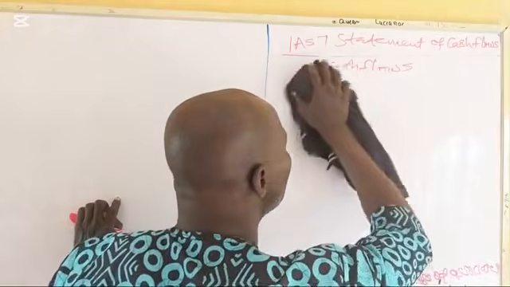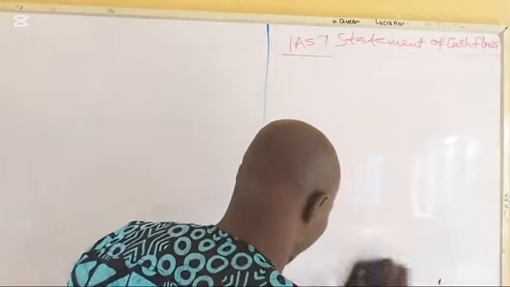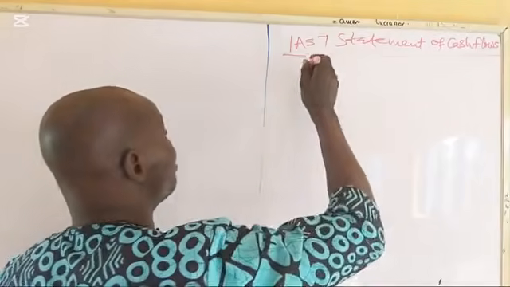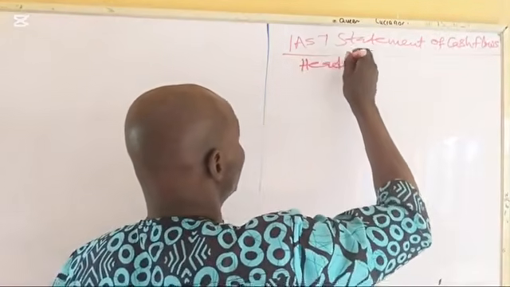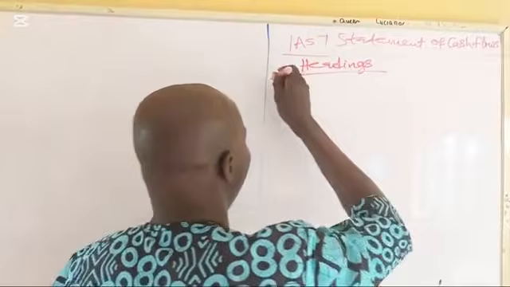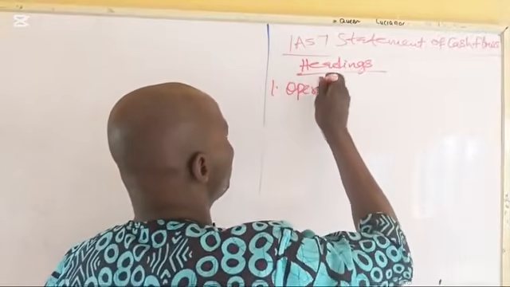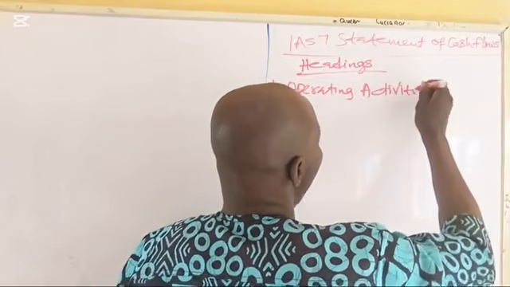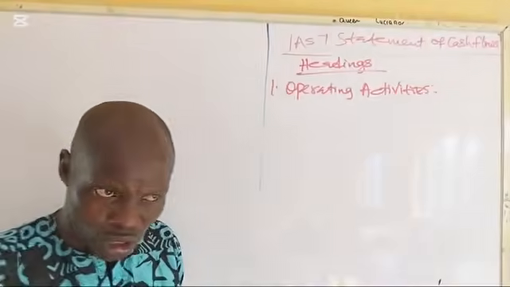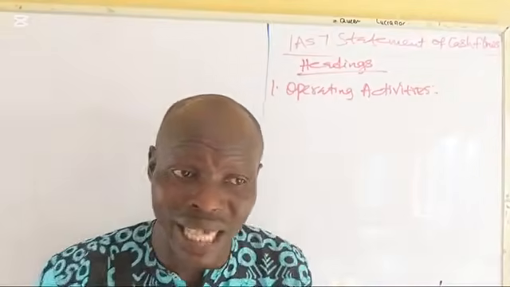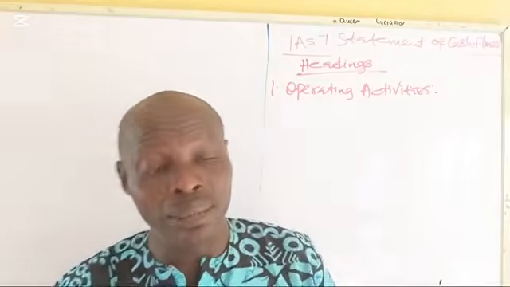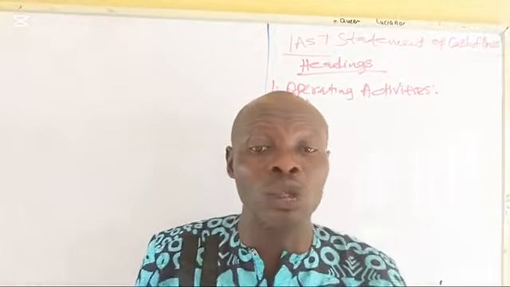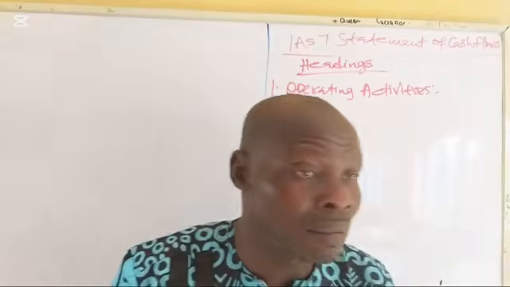Number one is operating activities. I've told you we have three major headings under which your statement of cash flows are prepared. Number one, we have operating activities. And I've discussed this heading under both methods, under direct method and under indirect method. Under direct method, what do you normally have as operating activities?